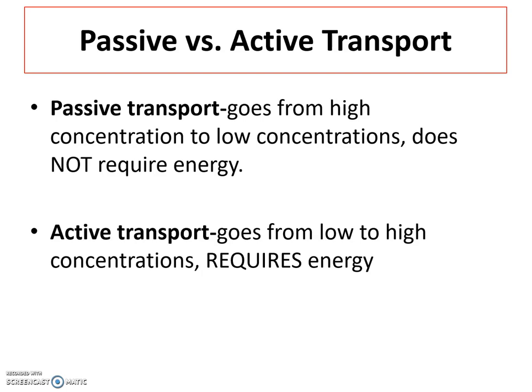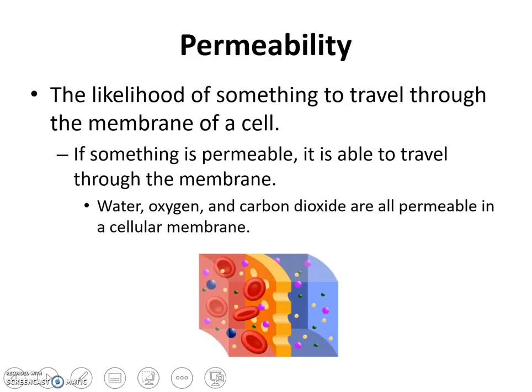But first, let's talk about some other parts of the cell membrane, and that is that the cell membrane is what we call permeable, which means that because of those gaps we were just talking about, it allows some stuff to go through no problem. For example, things that are small and readily available.